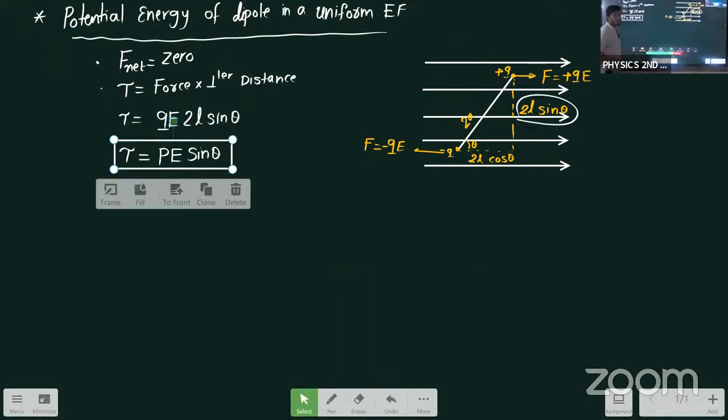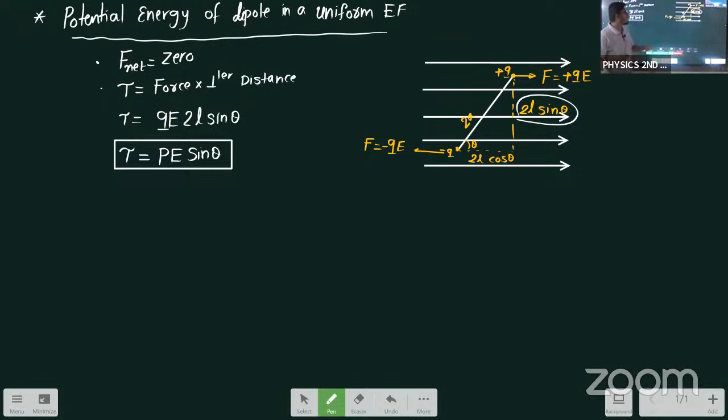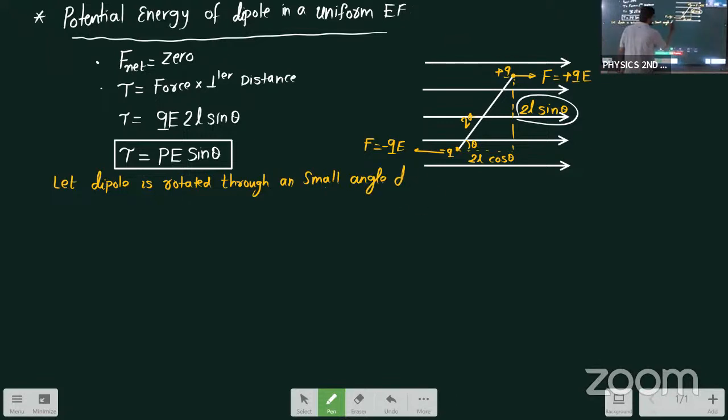Now see here. Now we are going to continue this. What will we be assuming here? We will be assuming that we make the dipole rotate through a small angle d theta.